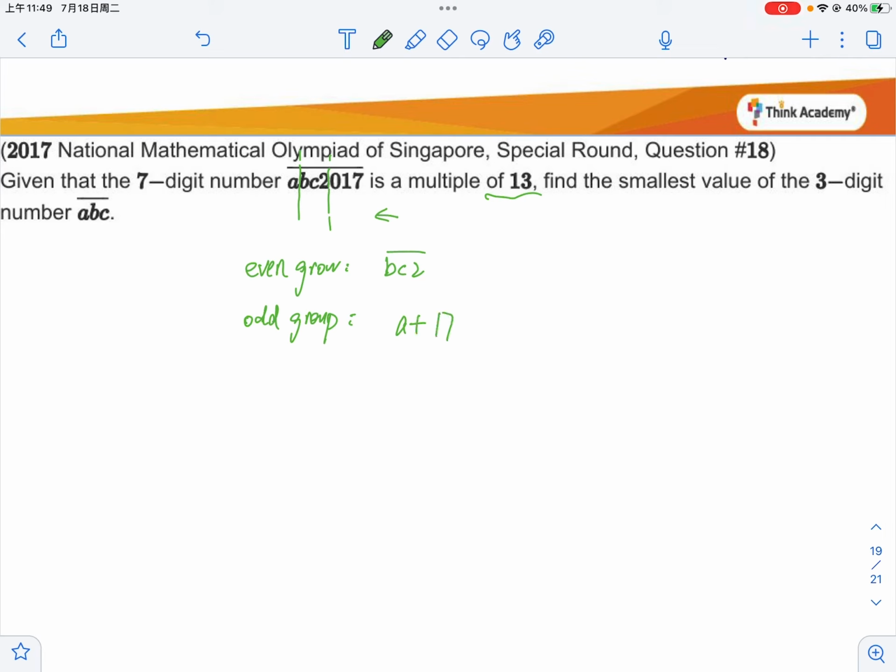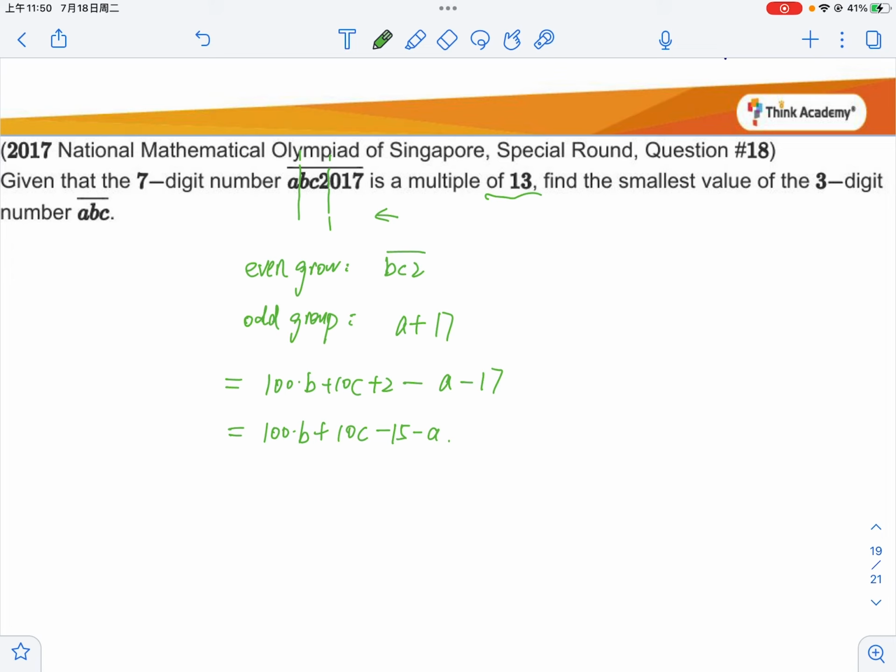Use the even group minus the odd group. If that can be divided by 13, the total number can be divided by 13. So the question becomes 100 times B plus 10C plus 2 minus A minus 17. It becomes 100 times B plus 10C minus 15 minus A.